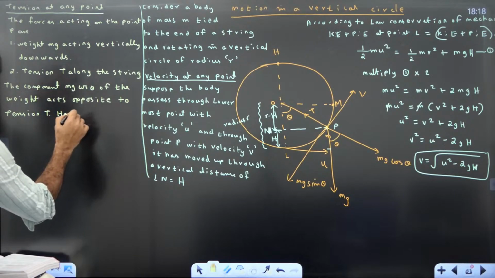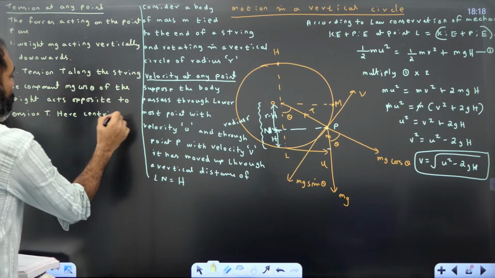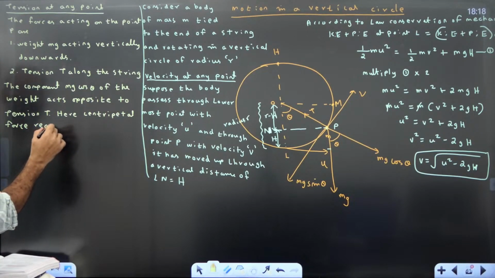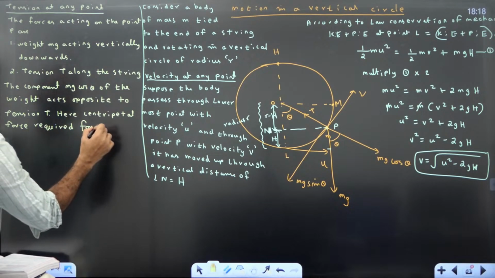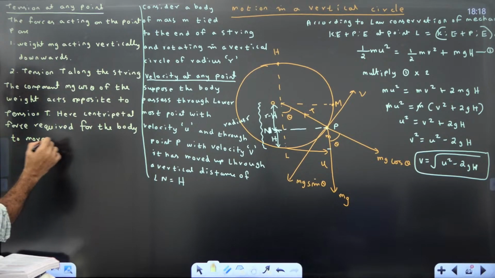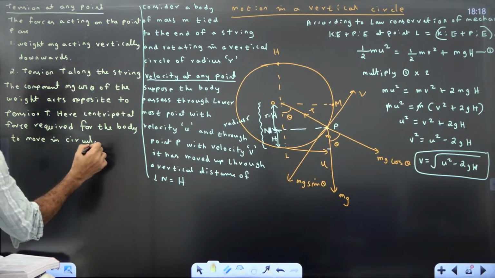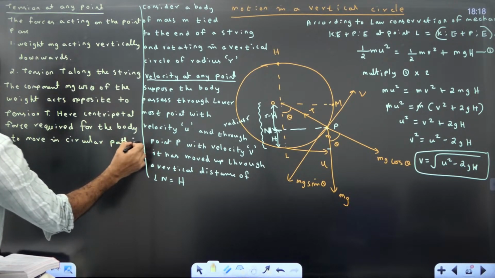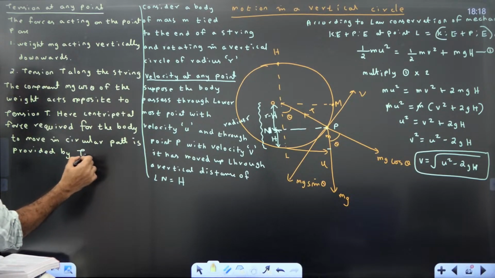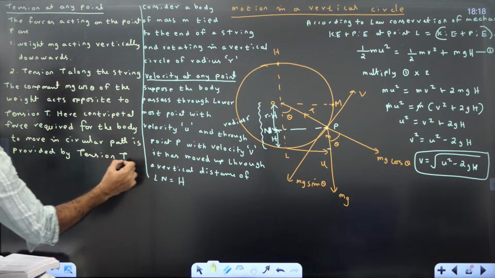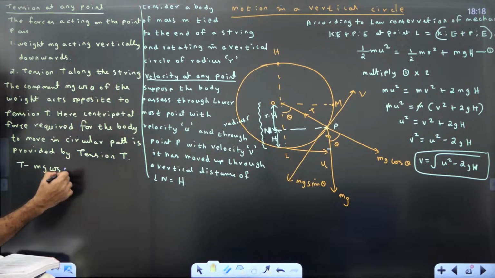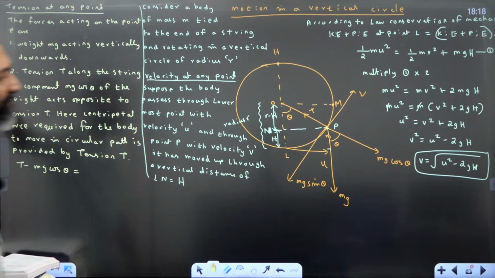Here, the centripetal force required for the body to move in a circular path is provided by tension T. So, T minus mg cos theta is equal to, why T minus mg cos theta?